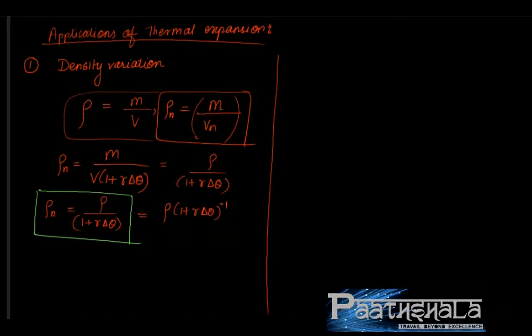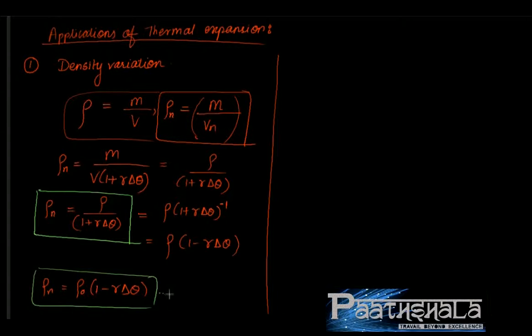And since gamma is very small compared to 1, this comes out to be rho into 1 minus gamma delta theta. So you get an approximate expression for new density, rho old into 1 minus gamma delta theta.